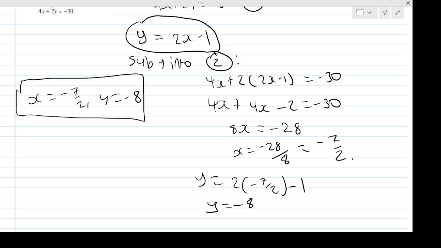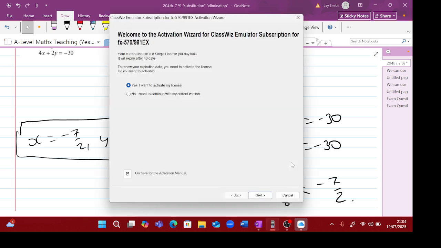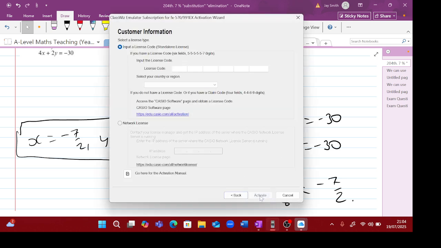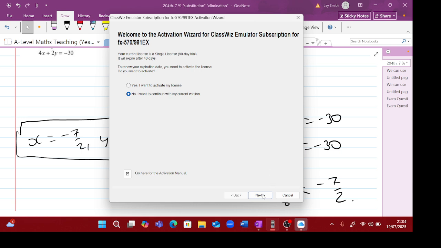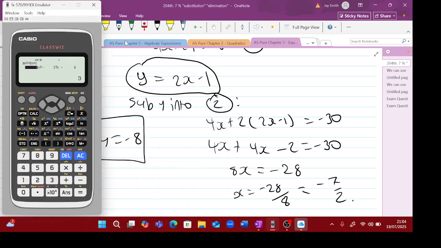Great stuff. Okay, before I move on, like with quadratics, the calculator, which is the sort of calculator you'll be expected to have for A level, will also be able to solve simultaneous equations.